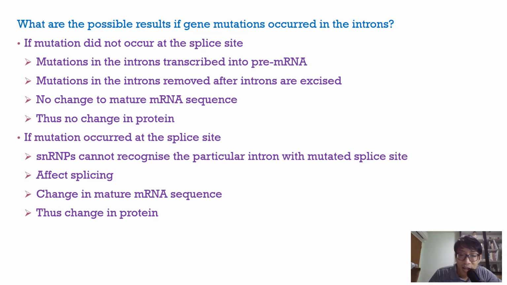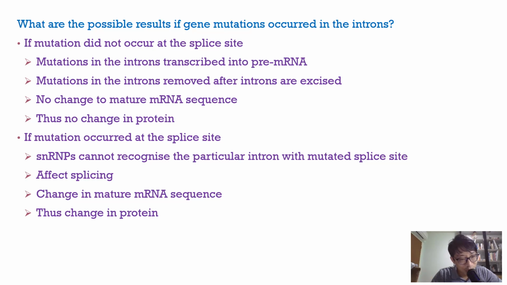Imagine if an intron is not removed, then your mature mRNA is longer. Then the protein may be longer, and that will significantly affect the protein function. Or if the end of the intron is not recognized, then the splicing complex, the spliceosome, removes not just the intron but the exon after it as well, because it doesn't know that the intron has ended.